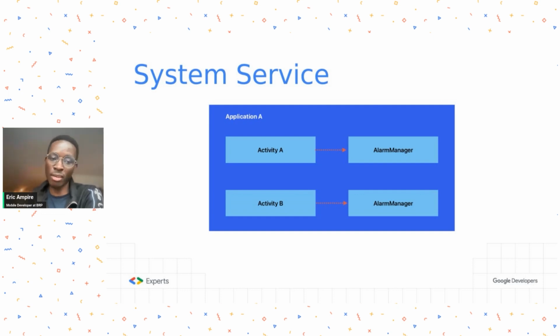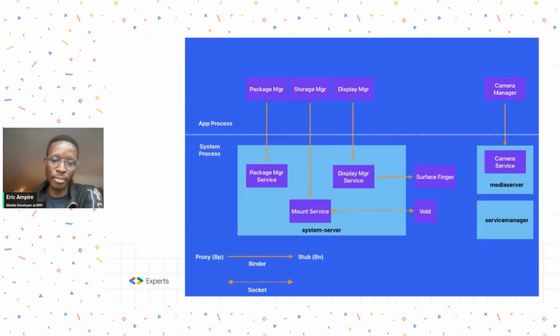In this case, we have in one application two different instances of the same manager, which will have access to a particular service. So it's pretty common. It's good to know that every time you get access to a particular manager, you are creating an instance of that manager, which will have access to one single service running somewhere else.